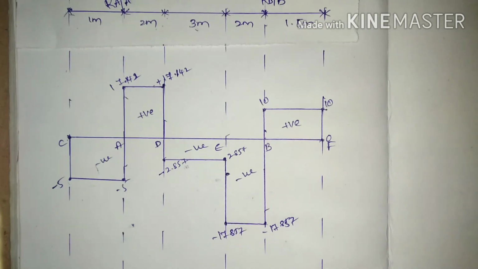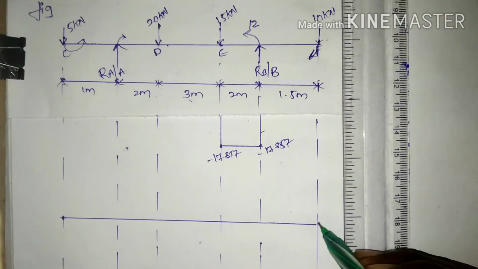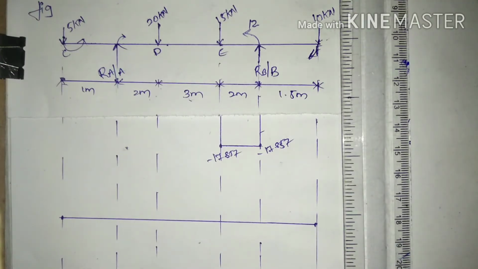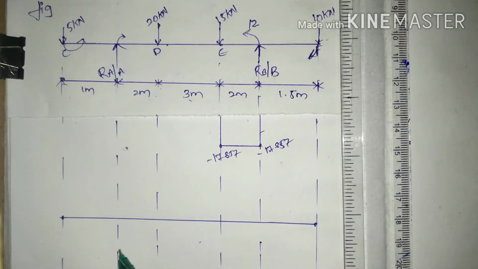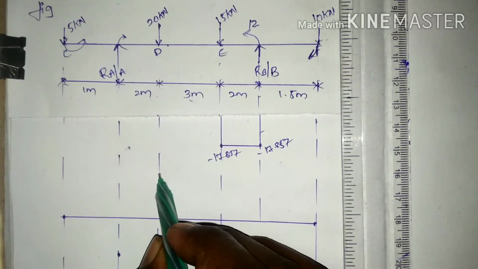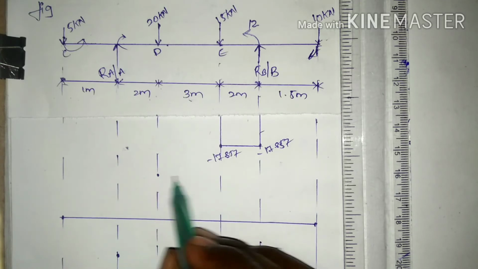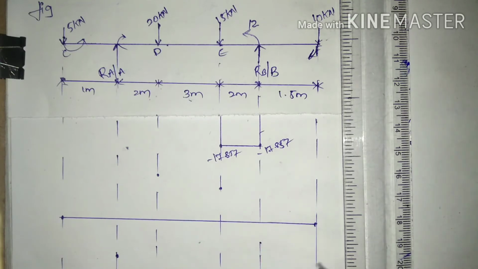Moving on to the bend moment calculations for drawing the bend moment diagram. Moment about C is equal to 0 and moment about F is equal to 0, and we are left with moment about B, moment about E, moment about D and moment about A. For the moment about A, we have minus 5, that goes here, and moment about D, we have positive 29.287, and moving on to E, we have 20.714, and let it be points like this.